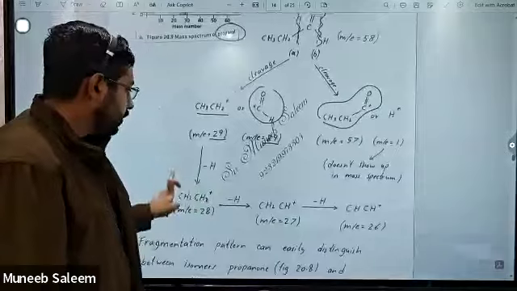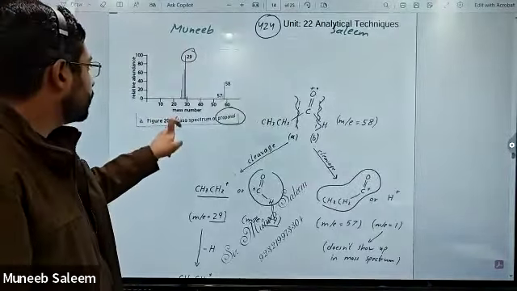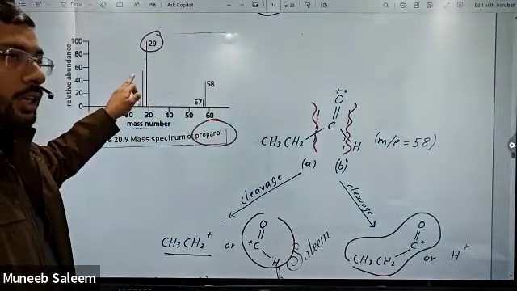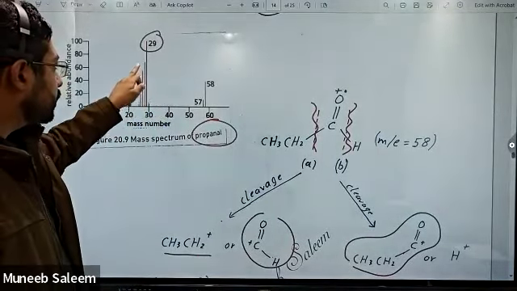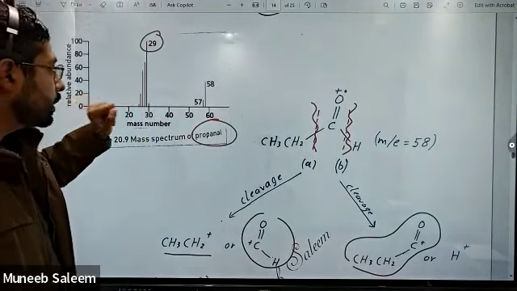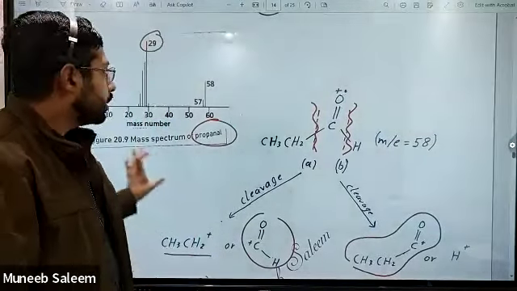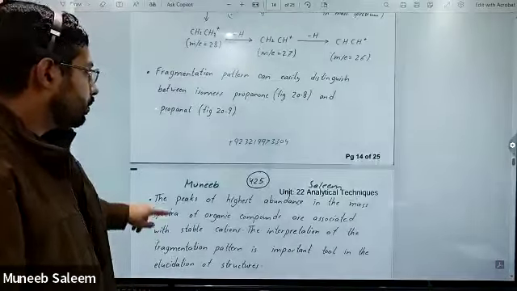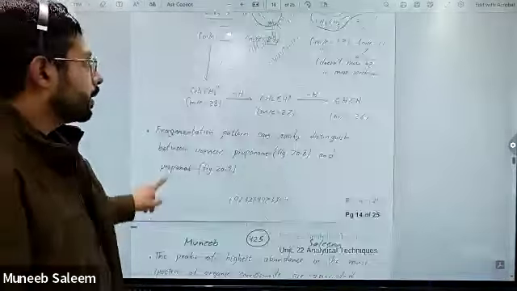So that's how you see 28, 27, 26 peak values over here, but they are not indicated by their values. They are just indicated by their peaks, which means these would be unnecessary peaks, not useful for our identification of the compound.